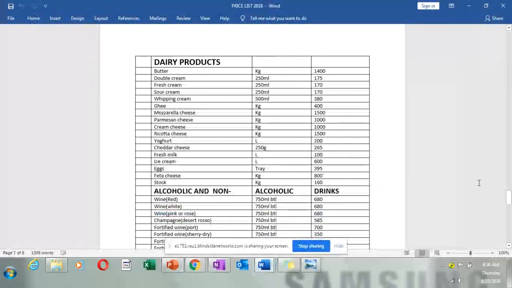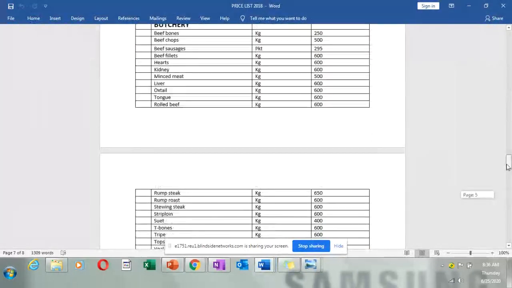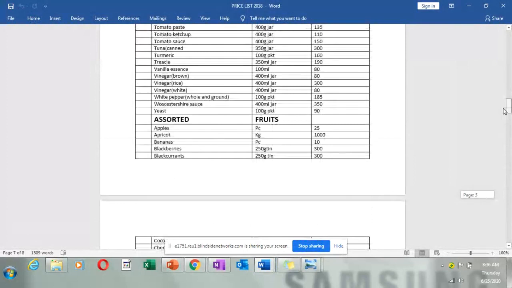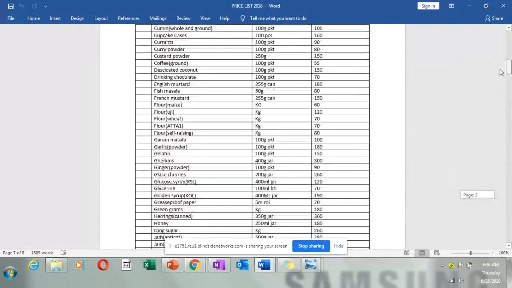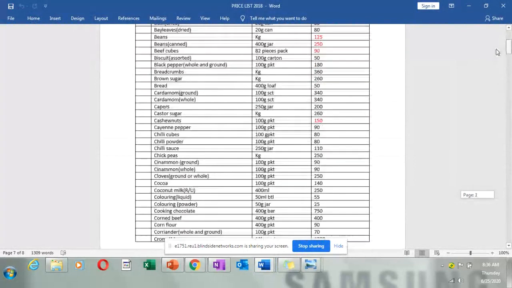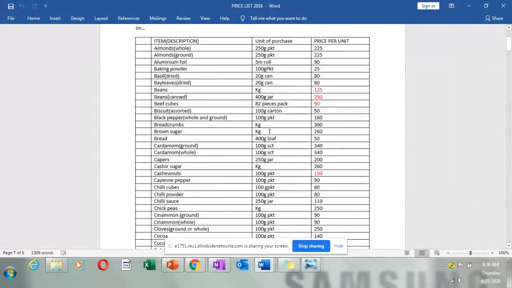Then baking powder. Baking powder is back there, up there. A 100 grams packet for 25 shillings.